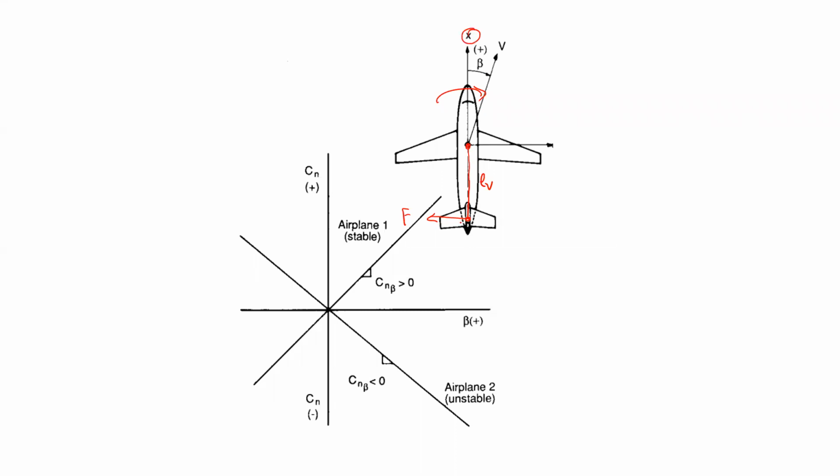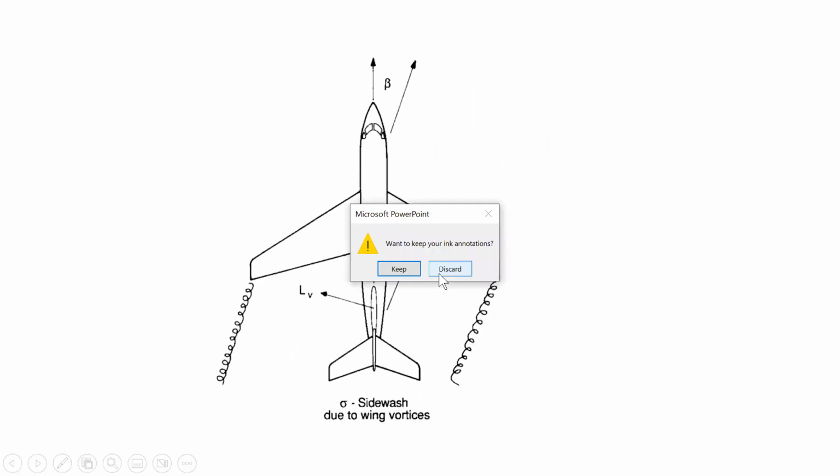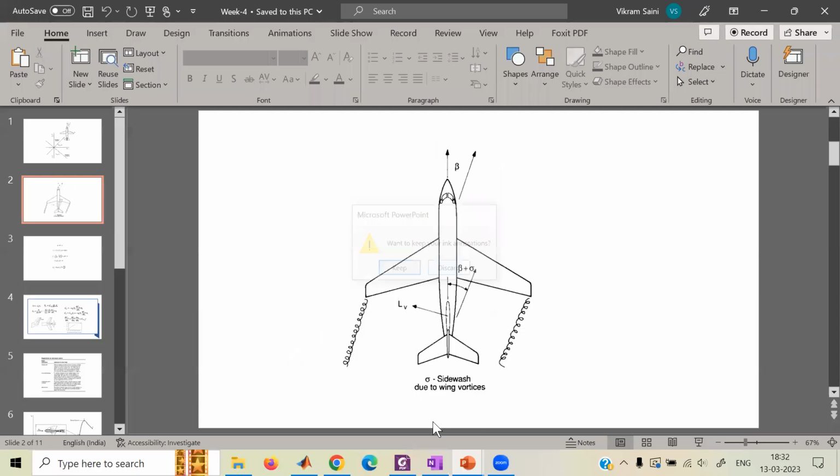It is at a distance in the x-axis, but the distance is also in the z-axis. In the y-axis it has zero distance, because the force is parallel to the y-axis, probably if beta is very small. But it has a distance in the z-axis also, right? I'll go back to that slide and show you what I meant.